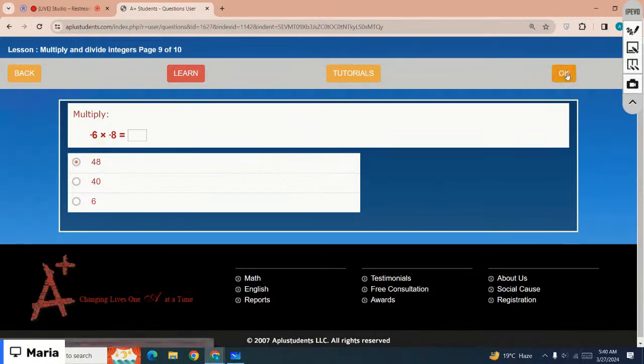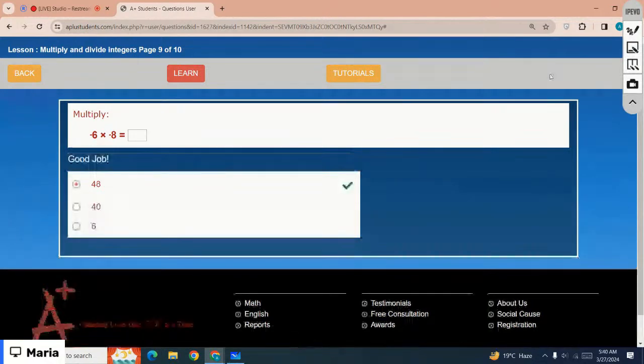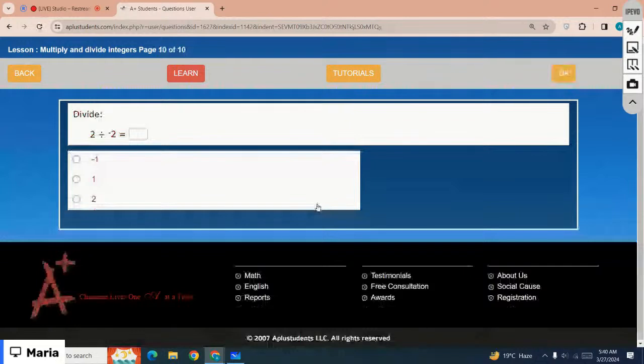Option number 1 is the correct option. 2 divided by negative 2, which is the correct option?